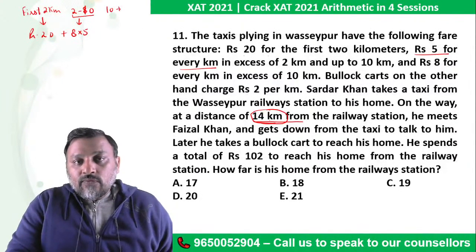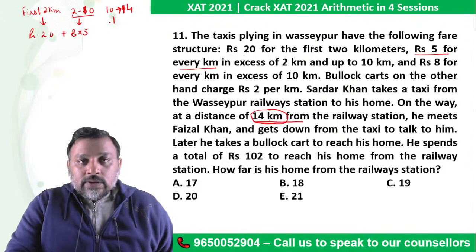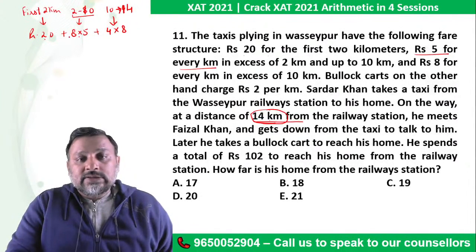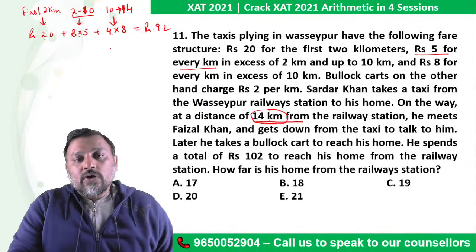So from 10 to 14, for these 4 kilometers, charges would be 4 into 8. Adding these values, 40 plus 20 is 60, plus 32. So it is 92 rupees for 14 kilometers by taxi.